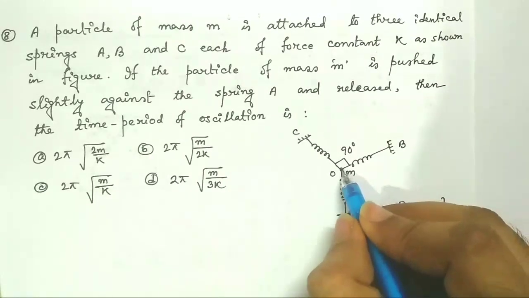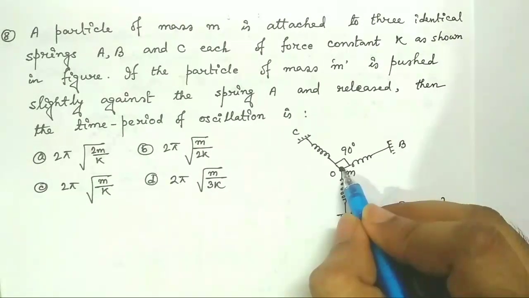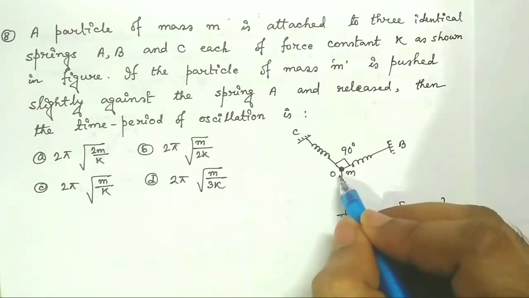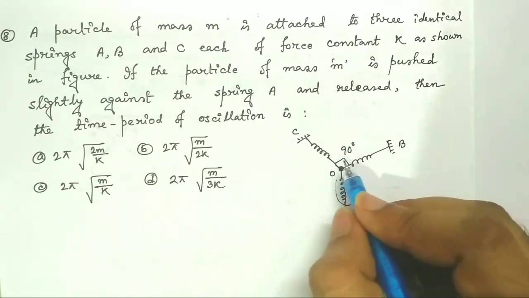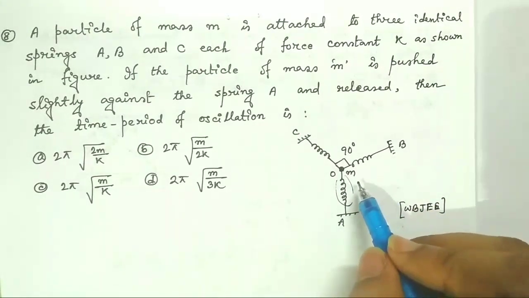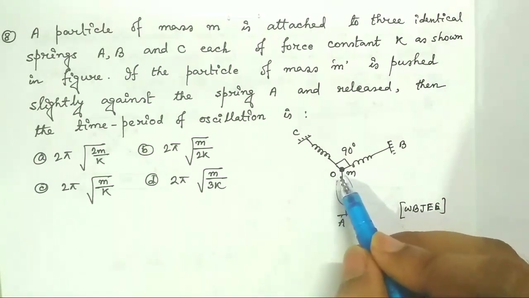See, this is the mass small m. If this mass is slightly pulled down along OA, this spring will be compressed and these two springs B and C will be elongated.